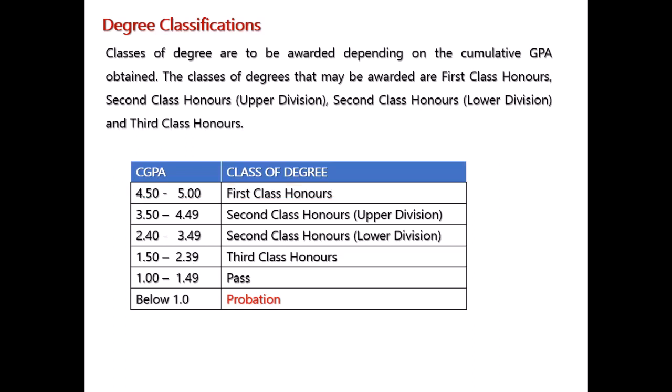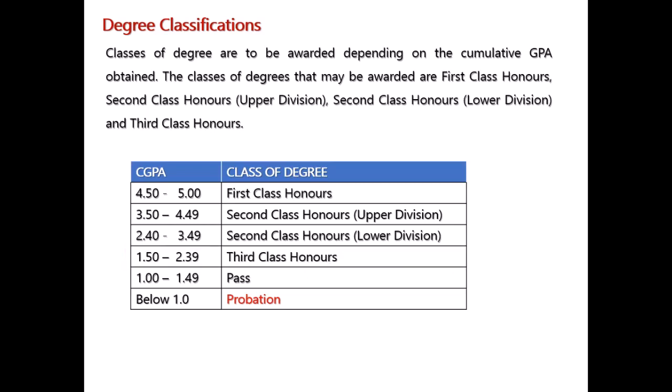If your CGPA falls between 3.50 to 4.49, you will be awarded second class honors upper division. If yours falls between 2.40 to 3.49, you'll be awarded second class honors lower division. And if yours falls between 1.50 to 2.39, you will be awarded third class honors.